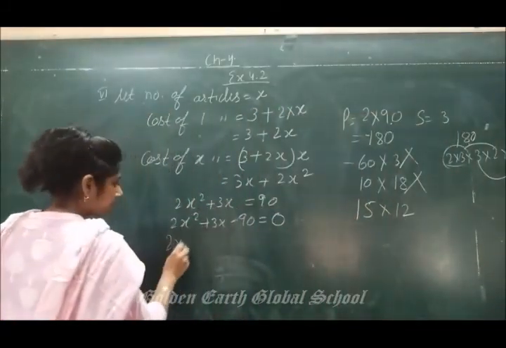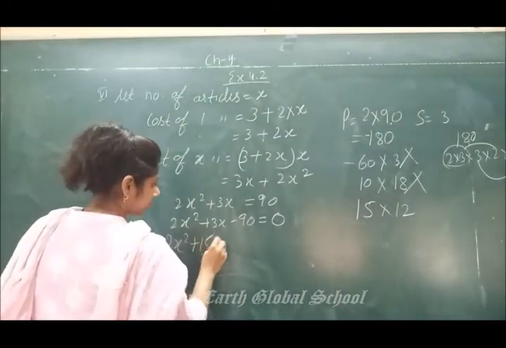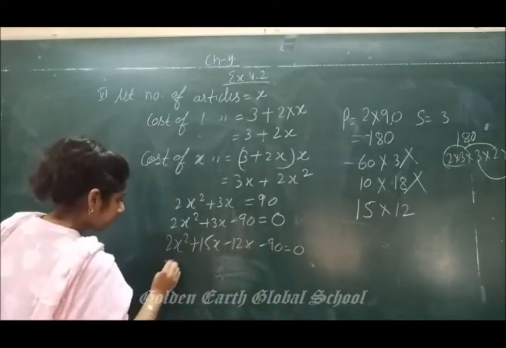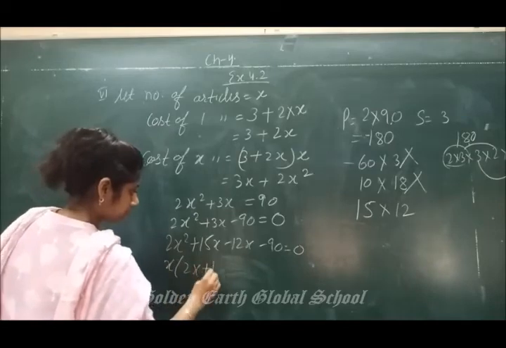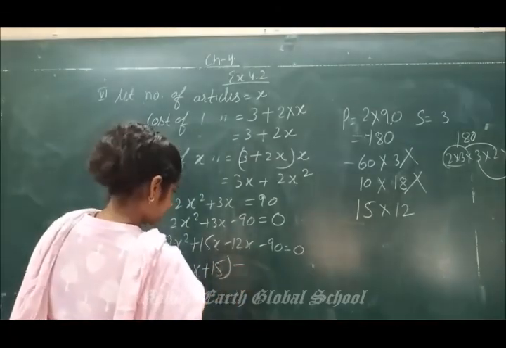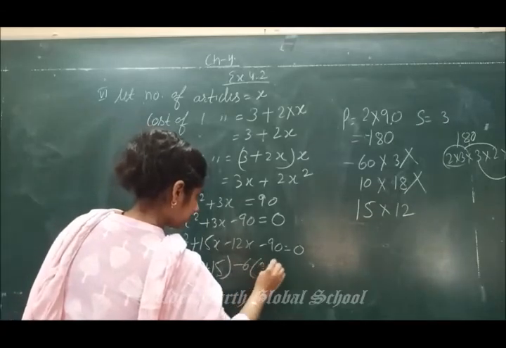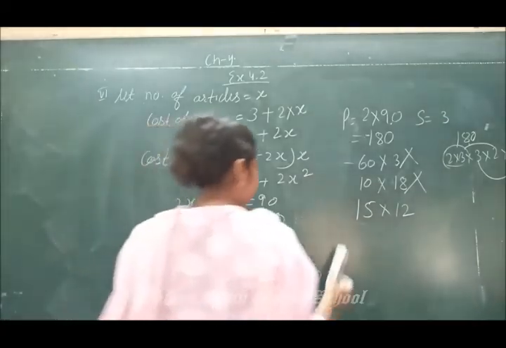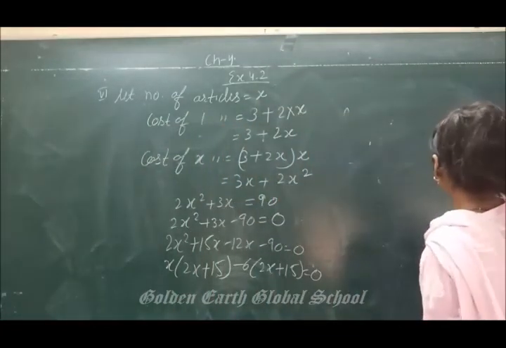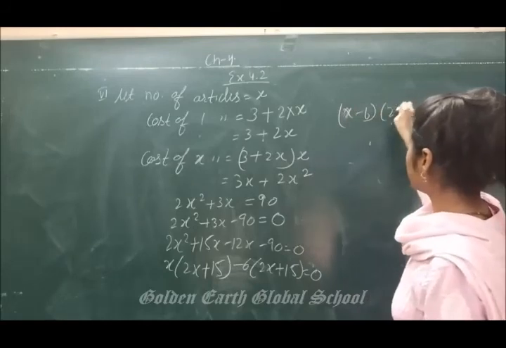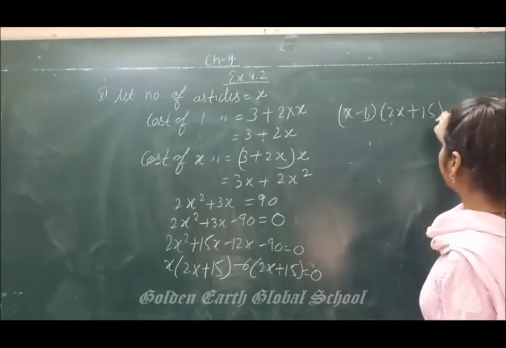Factors of this, minus 90. Take x common. Again take 6 common. So the factors are x minus 6 and 2x plus 15.